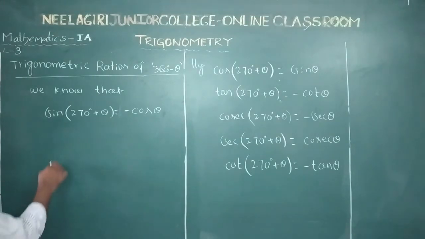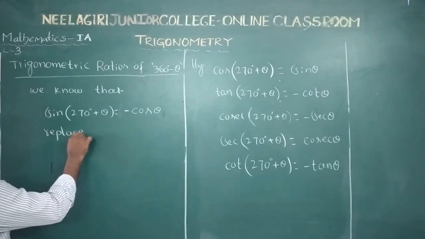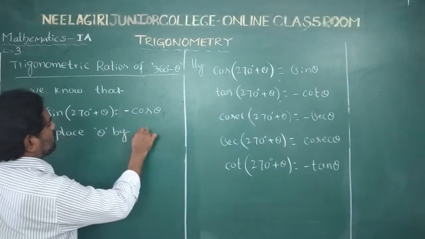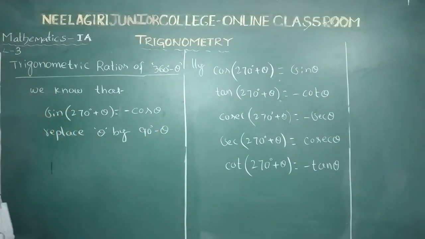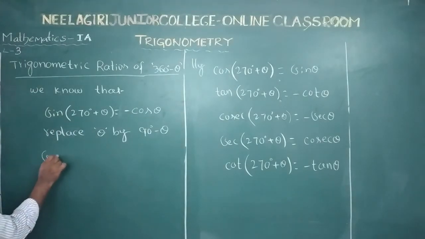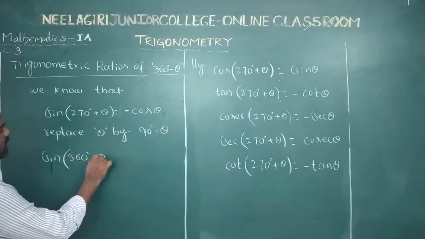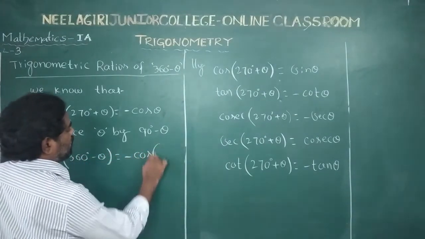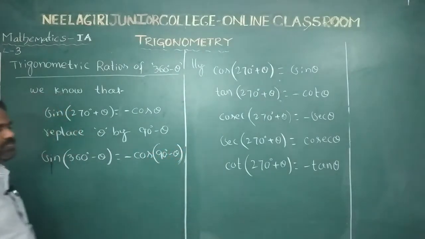Now replace theta by 90 minus theta here. Let us see what will come here. The left side will come as 360 minus theta, and minus cos of 90 minus theta.